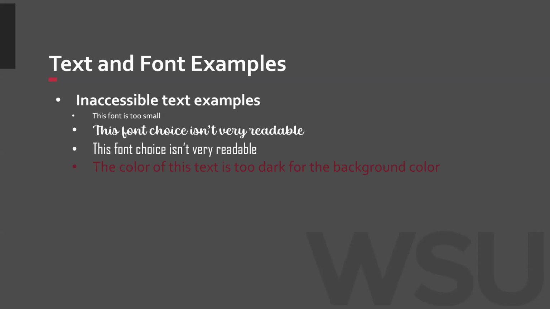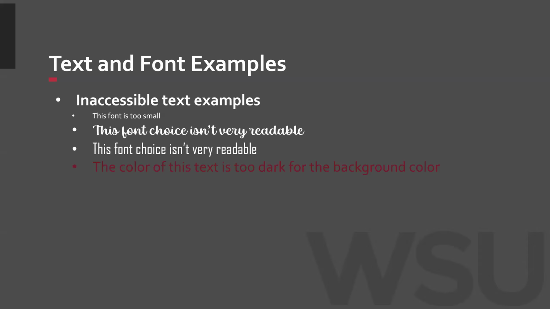And then the fourth bullet point is very difficult to read. It's dark red font on the dark gray background. And it says the color of this text is too dark for the background color. And if you use a color contrast checker, which I will demonstrate here towards the end, then you will see that the color contrast does not meet the requirements.